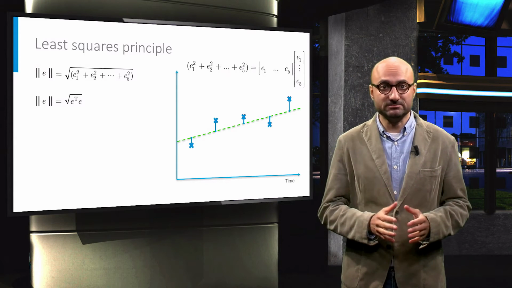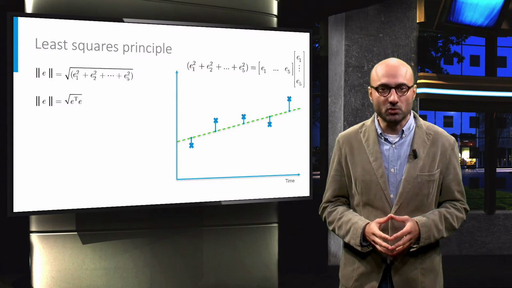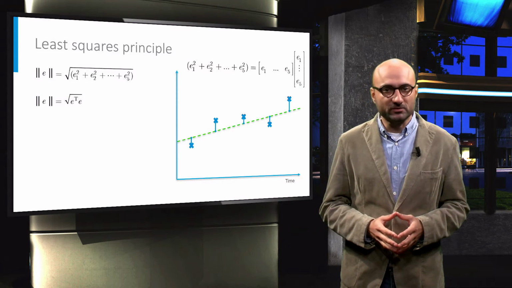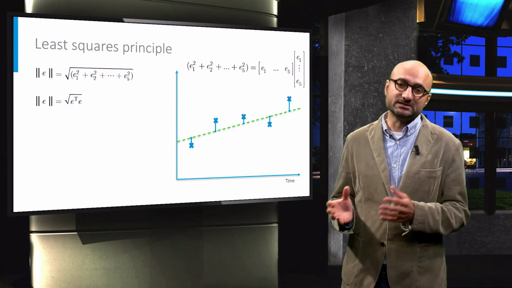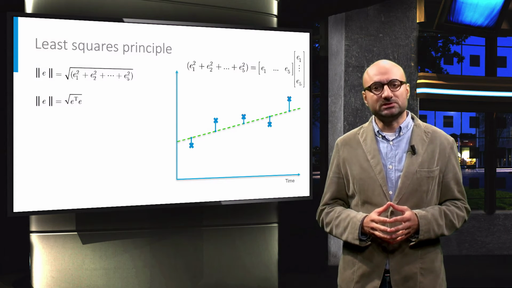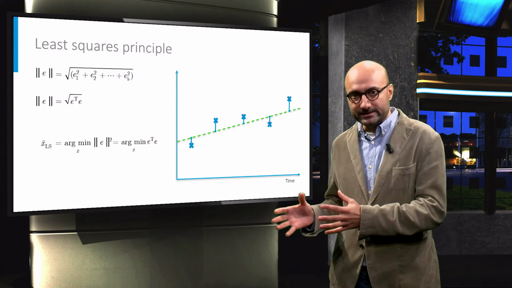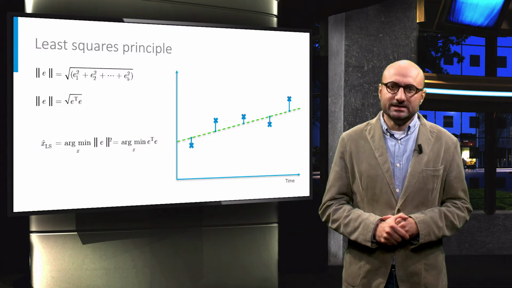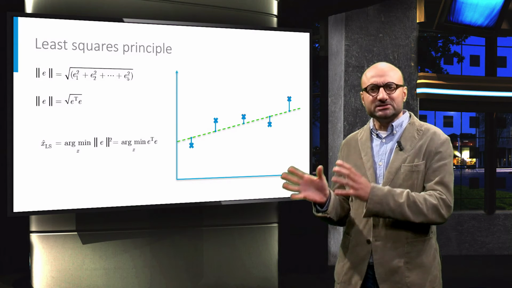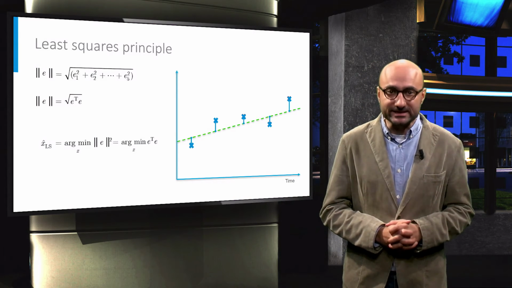The least squares estimate of the unknown parameters can then be found by the minimization of the norm or length of the vector e. The minimization of the norm of the vector is equivalent to the minimization of its squared norm. So, we can compute the least squares solution by minimizing the squared norm of the vector e. Recall that the vector of residuals or error vector is the difference between the observation vector y and the adjusted observation vector, which can be computed by Ax.